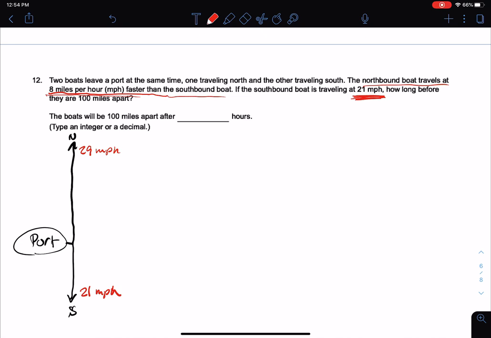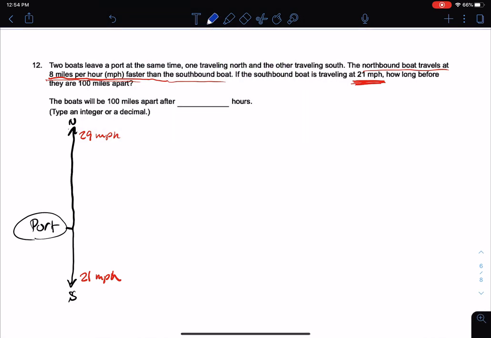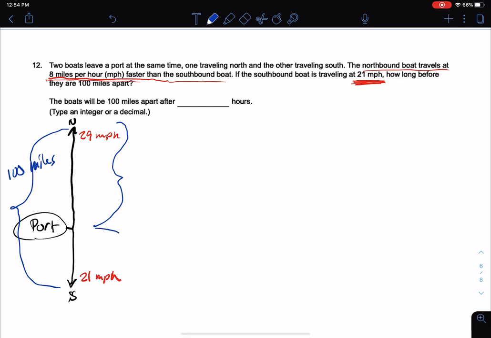How long before they're 100 miles apart? They're telling us that the distance we want to check out is when they're 100 miles apart. So it's 100 miles. Okay, once again, what's going to happen here is we're going to need to get this piece, that distance of the northbound boat plus the distance of the southbound boat, add them up, and it must equal 100.